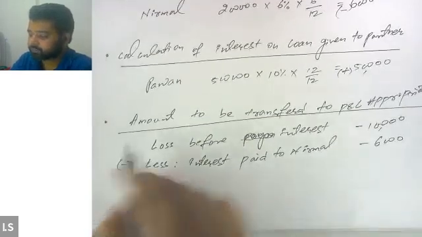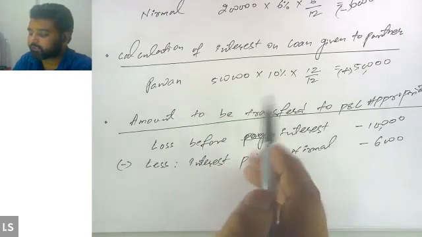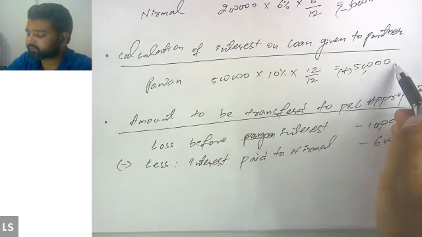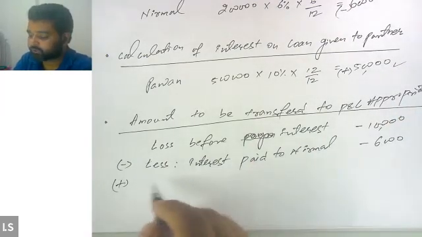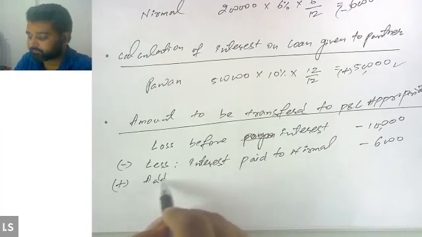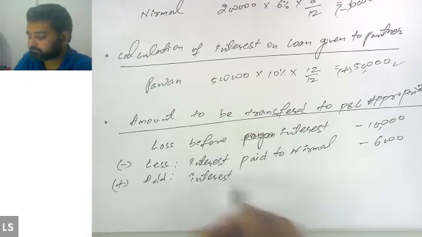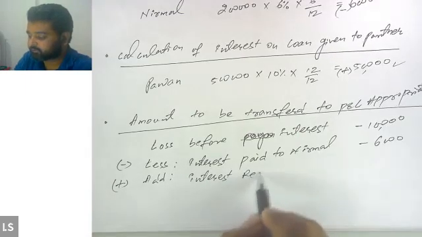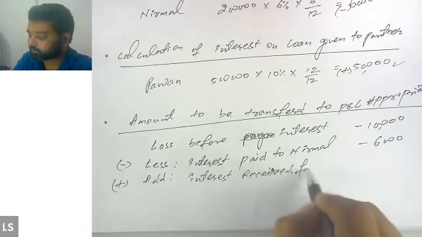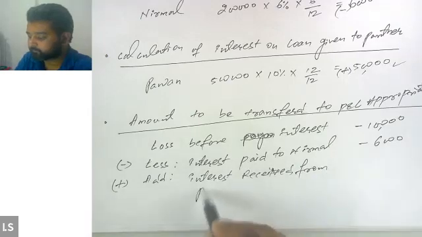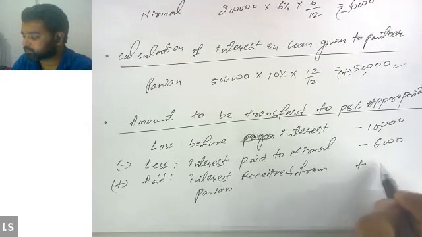Now, since we have given a loan of 5 lakh to Pawan, and we are entitled to claim an interest of 50,000, that is going to increase the overall revenue of the business. So we will add interest received from Pawan. Interest received from Pawan is how much? It is 50,000. So we will be adding 50,000.